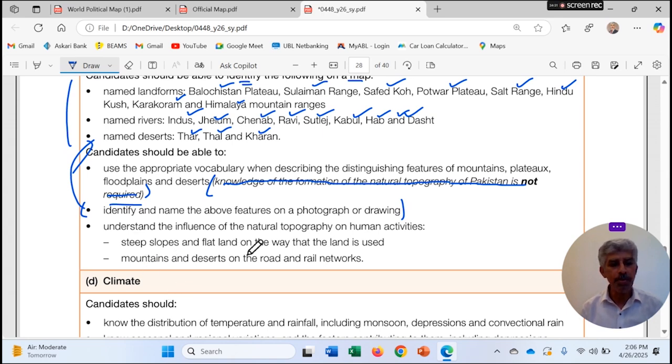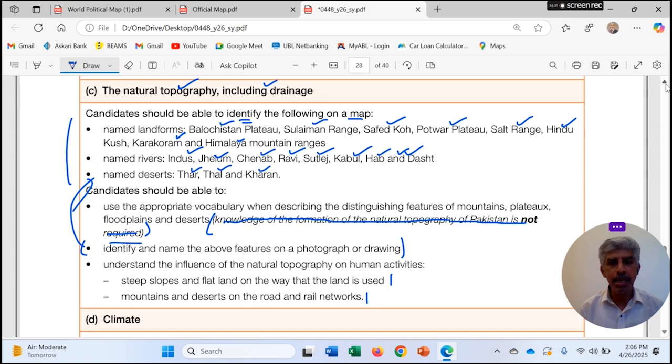So steep slopes and flat land, how the land is used, mountains and deserts on the road and rail network. So these are the things students should be able to know. So this single sentence in the bracket that I cut down, that is not required. So in the unit number 1, students should be knowing all about this.